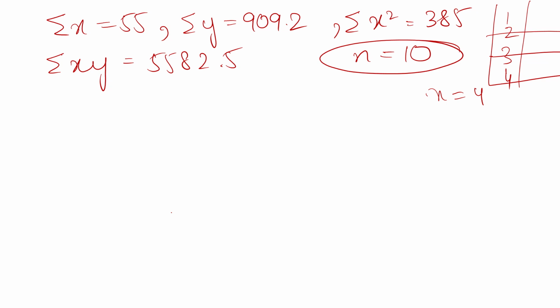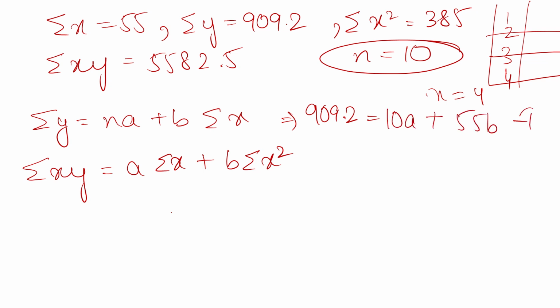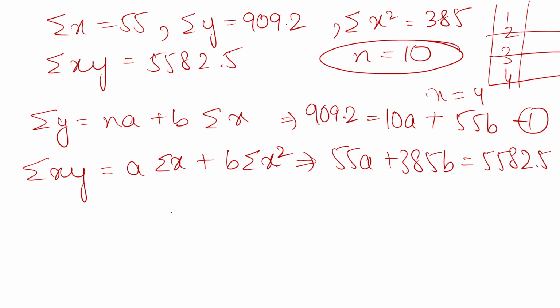So first equation, Σy = na + bΣx. Σxy = aΣx + bΣx². Now Σy, 909.2, is equal to n, 10a, plus 55b. This is the first equation. Second equation is 55a plus 385b is equal to 5582.5.